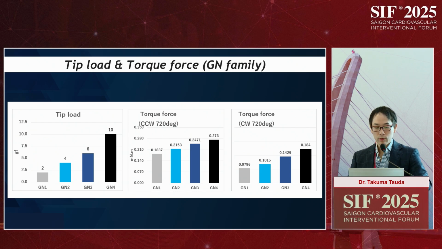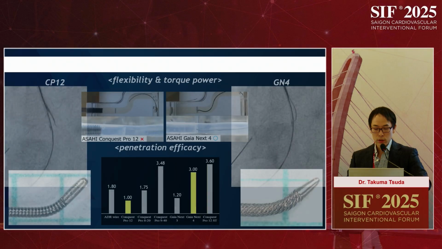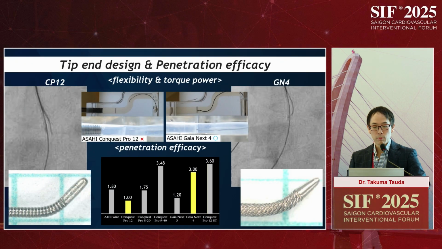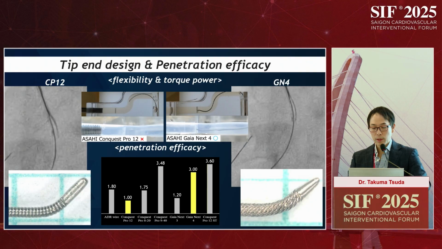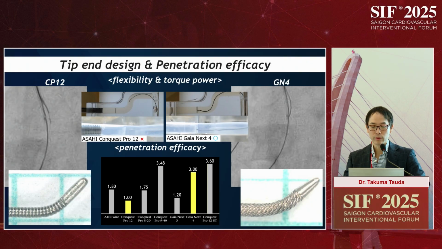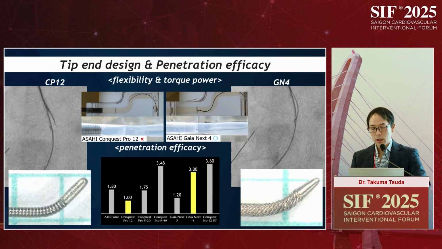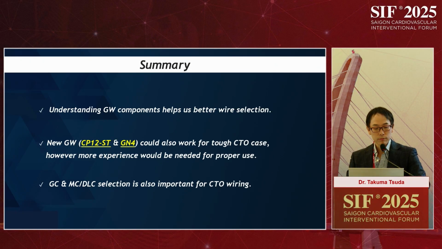And the tip load is only 10. But as you know, the penetration efficacy is much higher than the CP12, because the tip end design is much sharper than the Confianza Pro 12. So that's why this case could be well recanalized with Gynex 4.